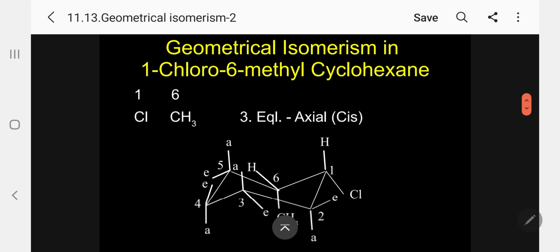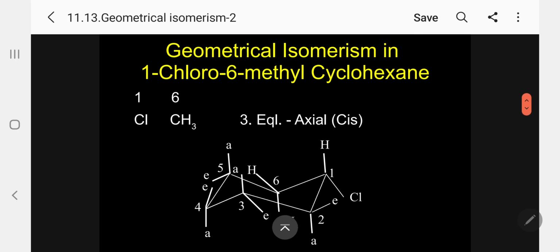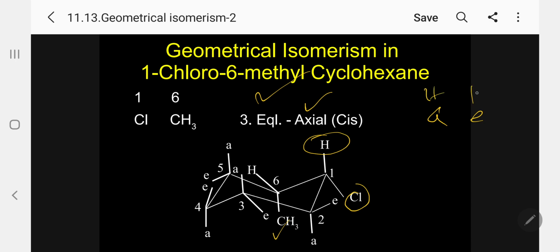And third example, here 1,6. Chlorine equatorial and methyl group axial. So we have to consider hydrogen axial and this equatorial. In that case, again both are moving upward, so cis isomerism.